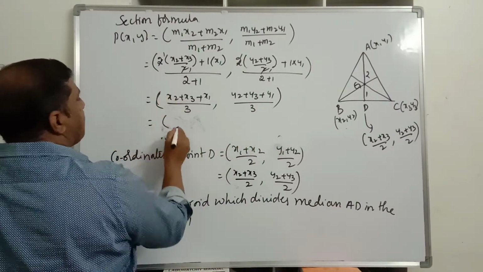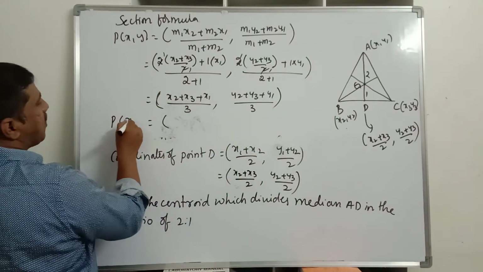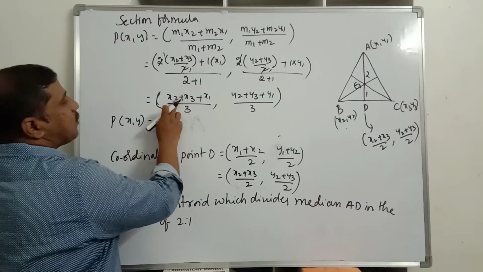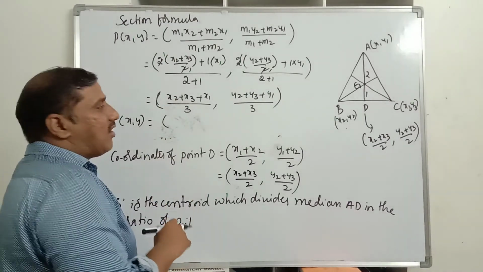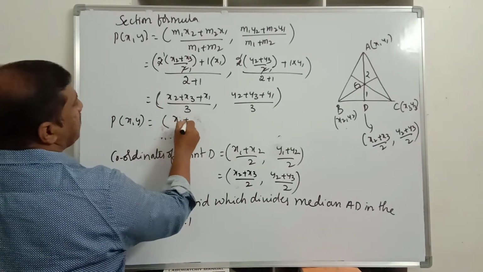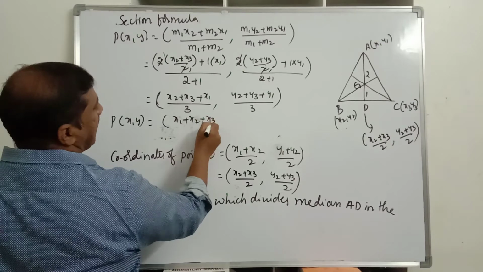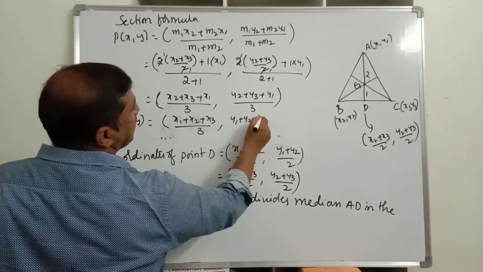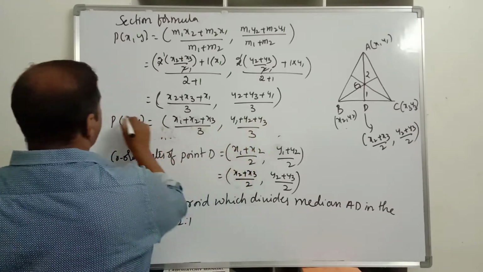Now rearrange them. P(x, y) is equal to x2 plus x3 plus x1, arranged in order, x1 plus x2 plus x3 by 3 comma y1 plus y2 plus y3 by 3. Now what does this give you?